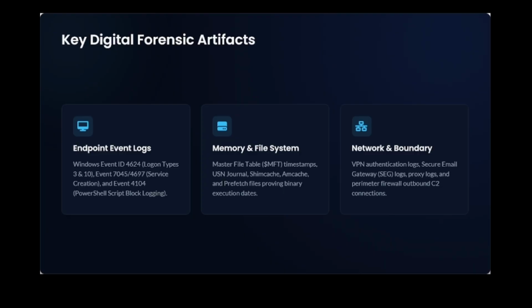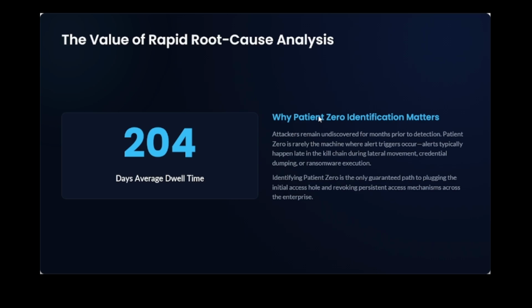The breach already occurred. The alert was already sent. You realized more was done than what you initially may have thought, and now you're working backwards. So all these things are historical points in time that you can use as an investigator to determine what happened. Why is it valuable to do rapid root cause analysis?